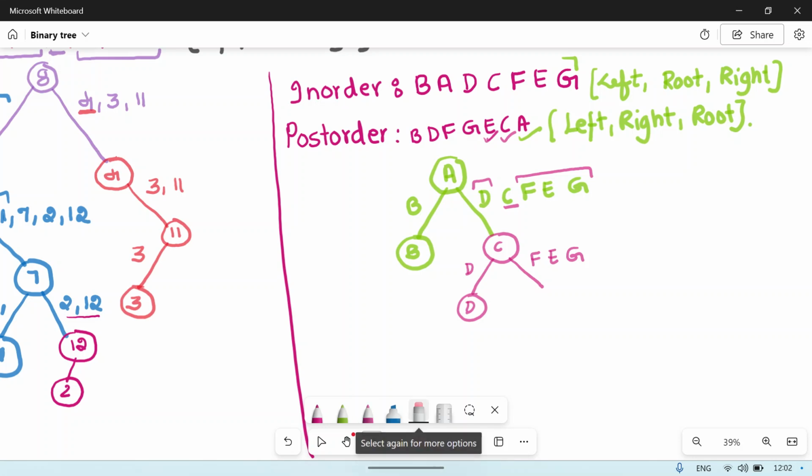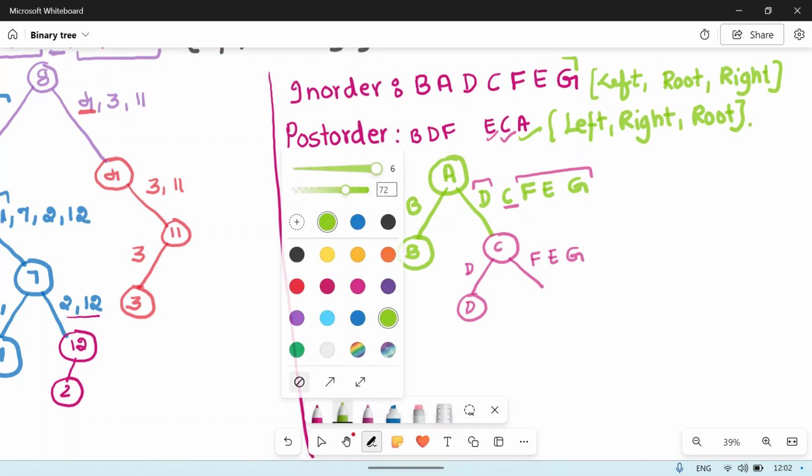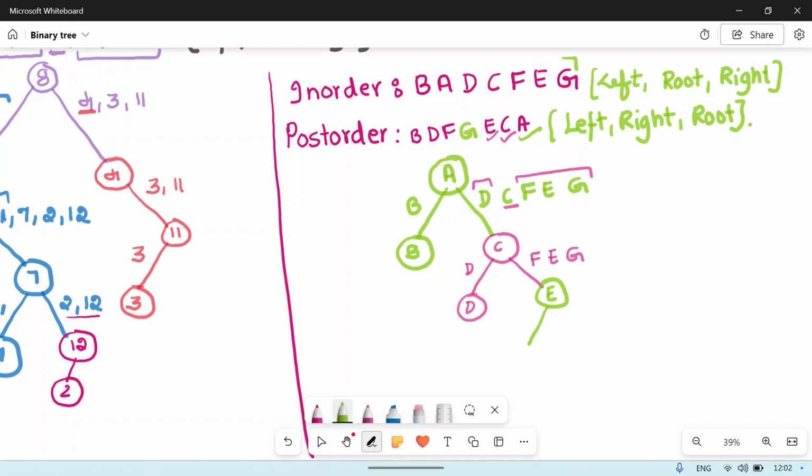This is A, and this is supposed to be G. Sorry. Okay, so E will become the new root. Towards its left, I have F. Towards its right, I have G. So this is F and this is G. This is how you will do the tree construction.